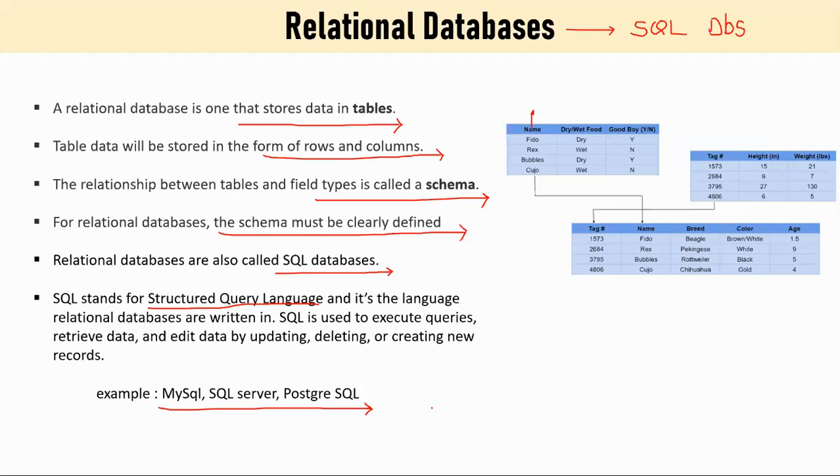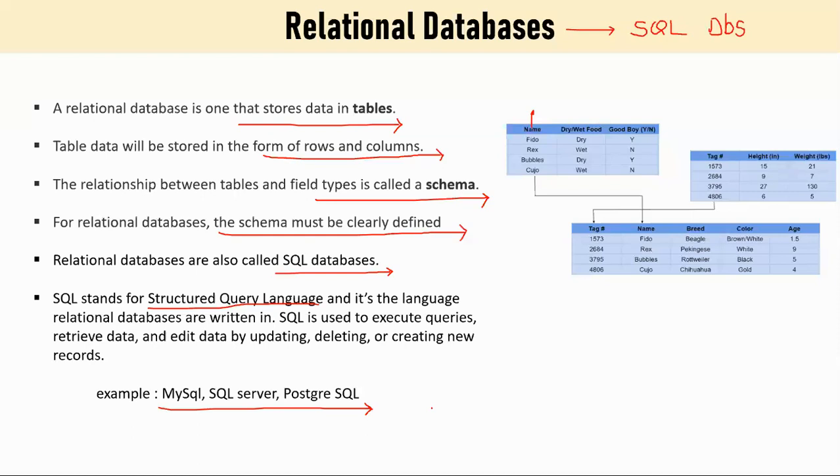Okay, relational databases are also called SQL databases, transactional databases, operational databases, and source databases. It depends on who you work with. A data engineer calls it a relational database. An application developer calls it a source database.